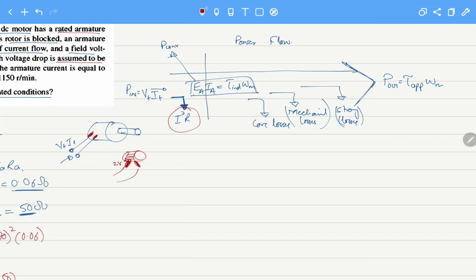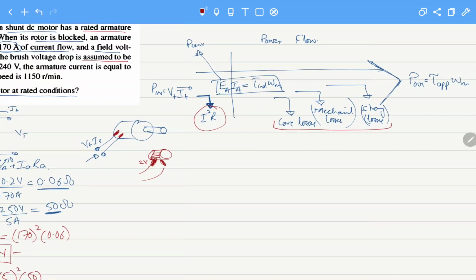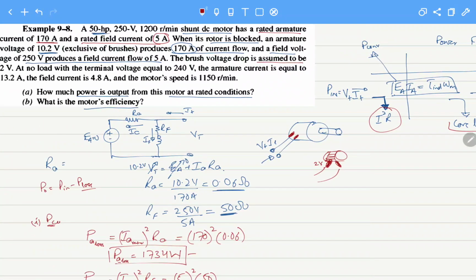Now the question arises how to calculate the core losses and the mechanical losses that exist inside the machine. First of all, for this condition, he has expressed a very interesting case.